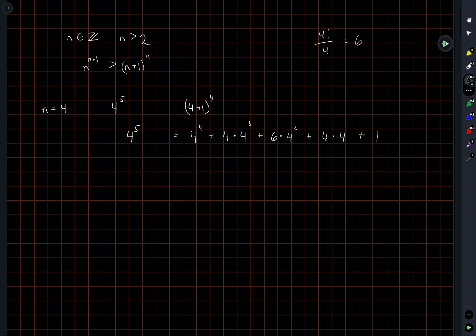Well, on the right-hand side, if I replace the 1 with a 4, then I can factor a 4 out of the right-hand side. I don't know if that's going to help.